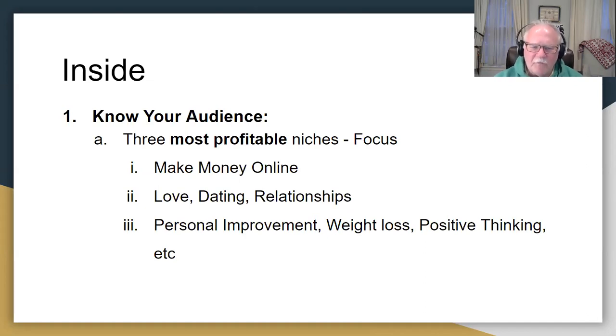So if you can target one of those niches, and maybe even further down into make money online, down to, like, I target affiliate sales, then you know what kind of customer you're looking for. And you can say, okay, if this customer is interested in weight loss, then I know he either has a problem with carrying too much weight, or he's looking bad because it's in the wrong places.